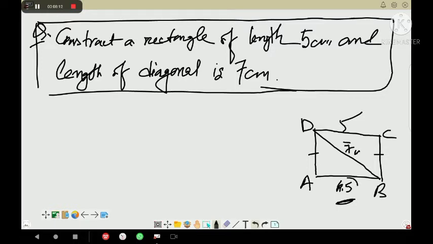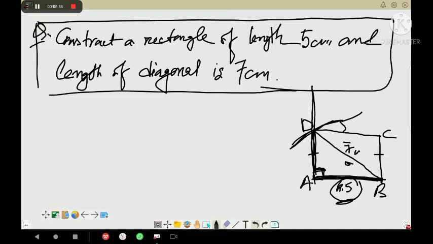So first we draw 5 centimeters and one 90-degree angle here, because we know that all angles are 90 degrees. Then with the help of the length of the diagonal, we draw an arc of the diagonal length from the point B, and this arc cuts the line.